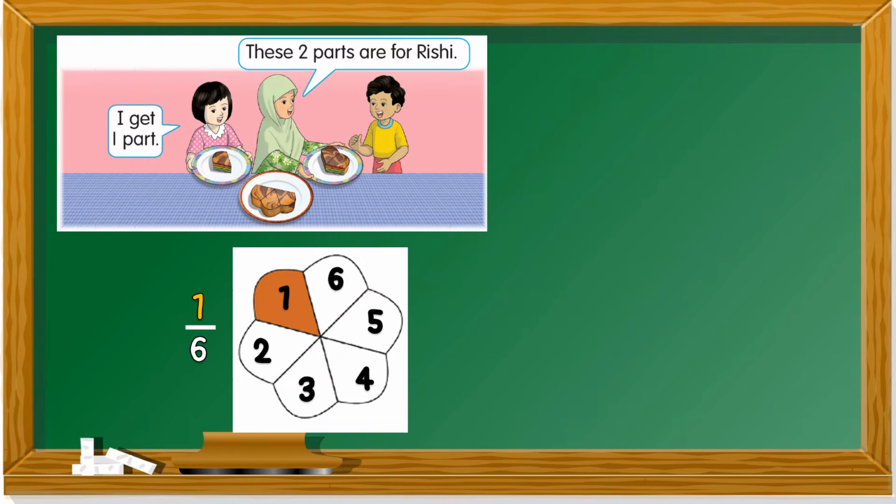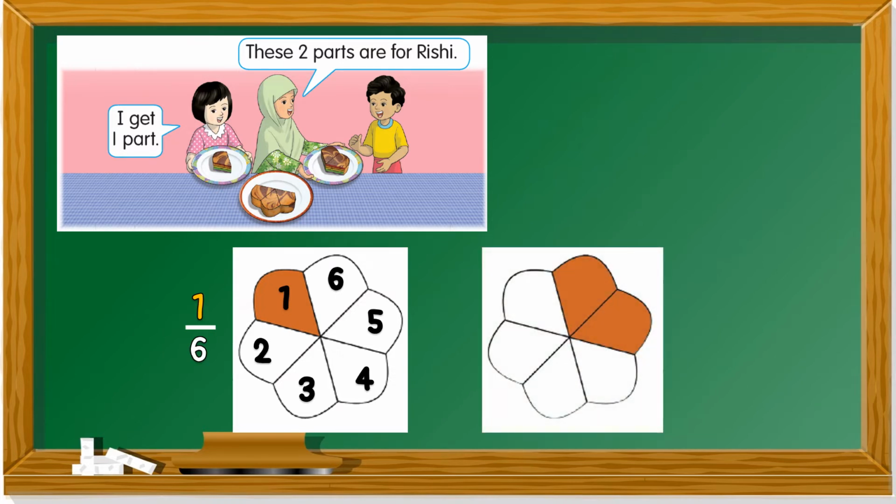How about the boy, Rishi? We count again. 1, 2, 3, 4, 5, 6. And there are two parts that are colored. So it's 2/6.